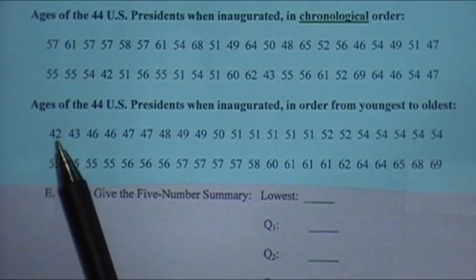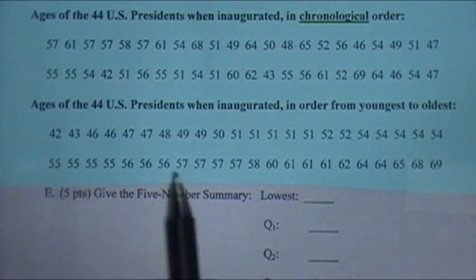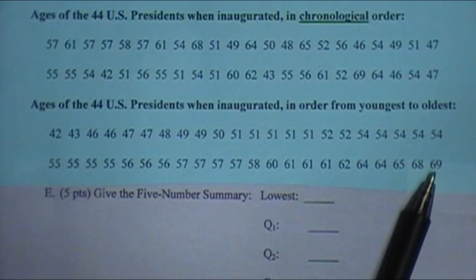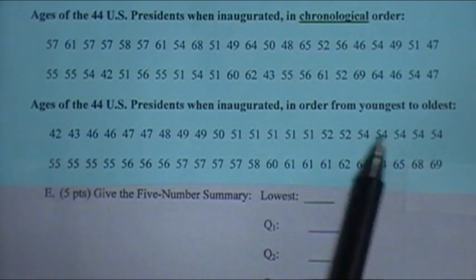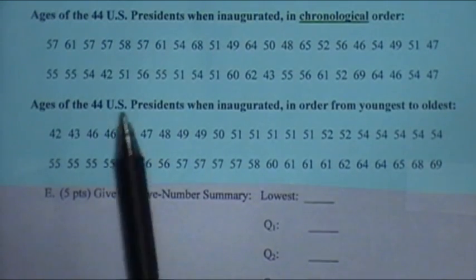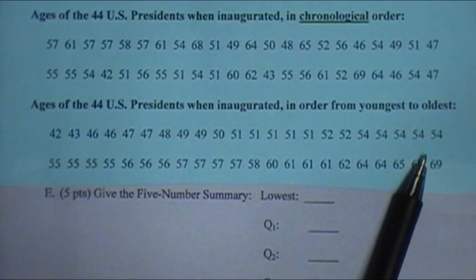This is the 42, the smallest age, the youngest age, which is that of Theodore Roosevelt. And of course, clear up to the very end, the oldest president inaugurated was age 69, and that was Ronald Reagan. So we're going to use this second set of data, which is arranged in order from youngest to oldest.